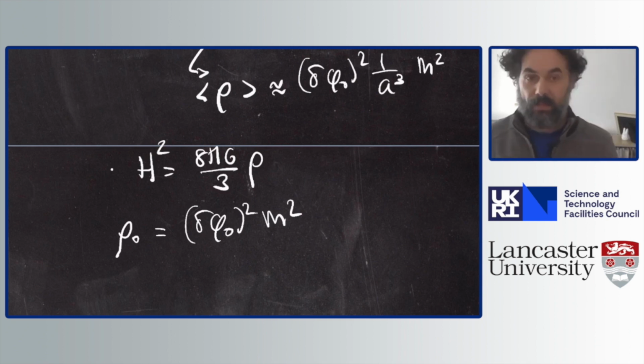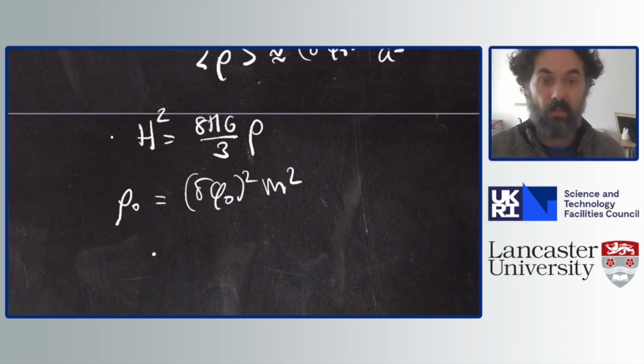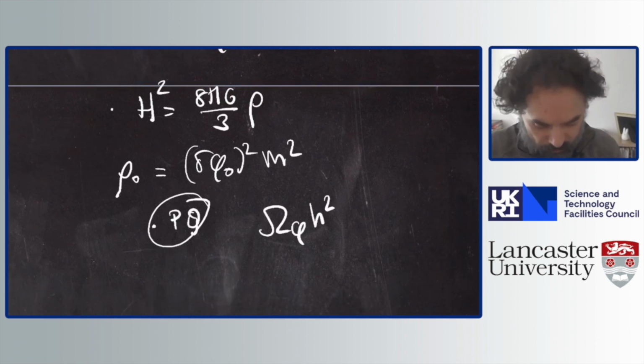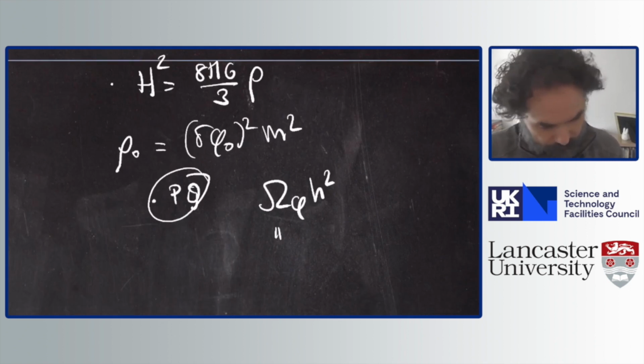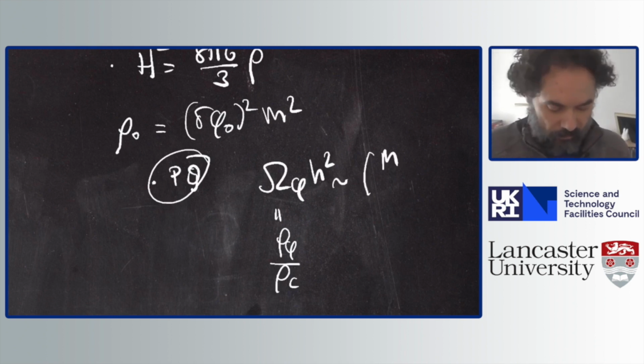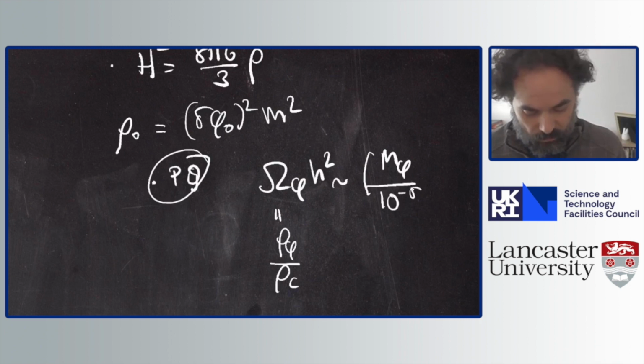Well, again, this is fixed by the UV physics, and this is not the point of this lecture. The point of this lecture is to tell you that indeed there is a way to predict it, and in the Peccei-Quinn scenario, for instance, you can have the omega of this candidate today, rho phi over rho critical, at values similar to the ones we have measured with observations today, if the mass of the candidate is around 10 to the minus 5 eV.